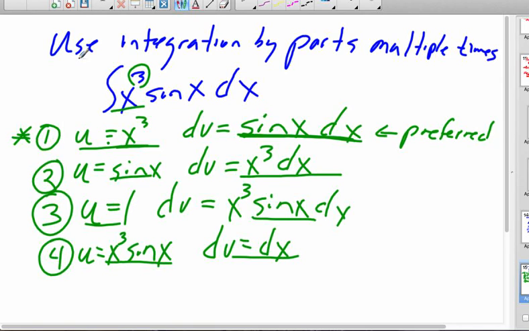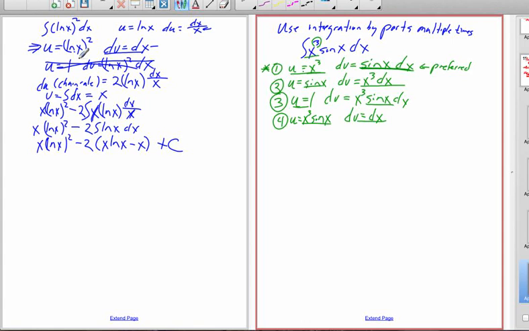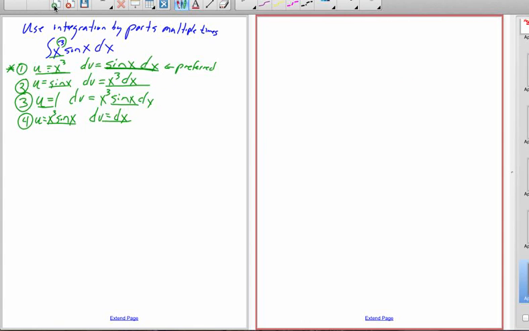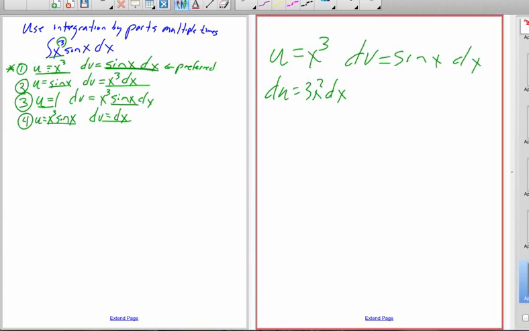All right, so let's do this guy. So I know my u is x cubed, dv is sine of x dx, du is 3x squared dx, v is the integral of sine of x dx, which equals negative cosine of x. And then we plug everything in.